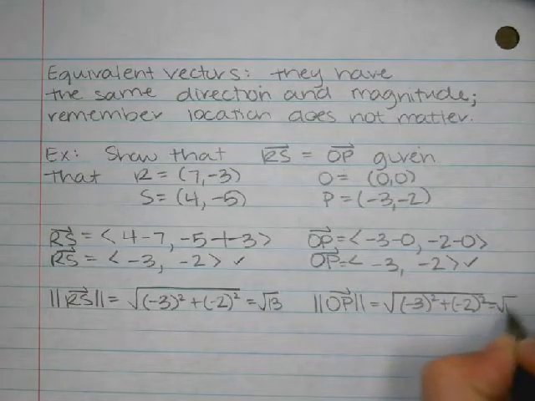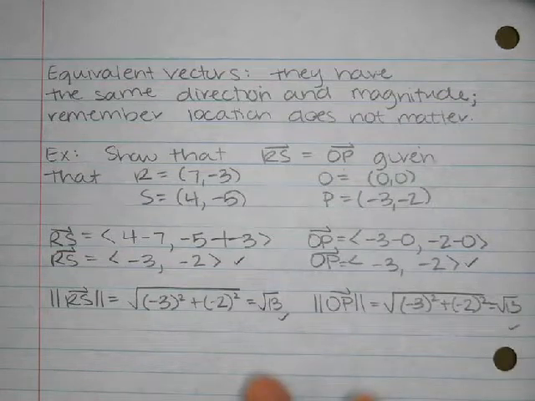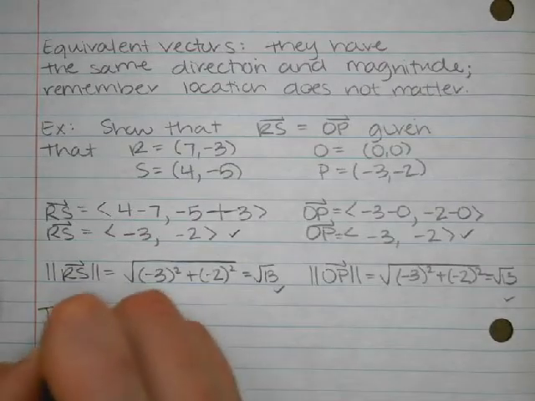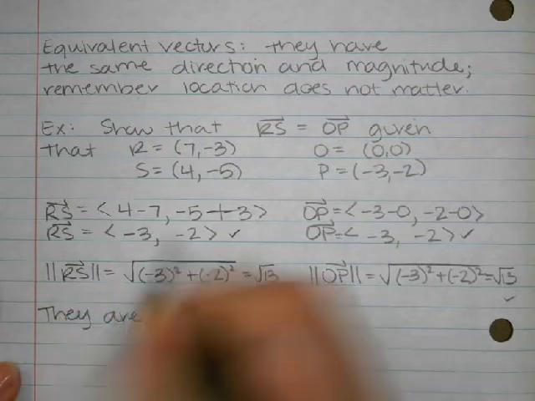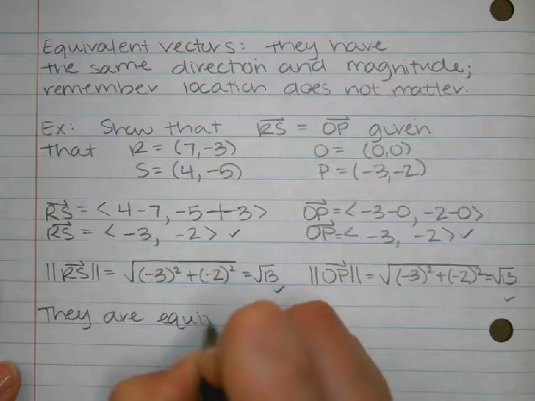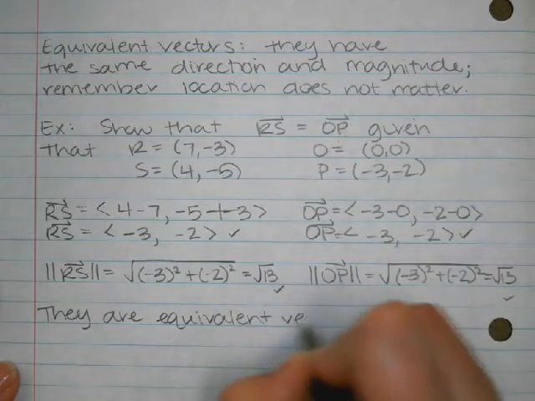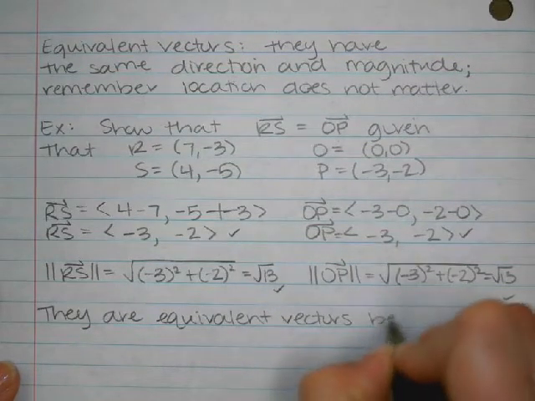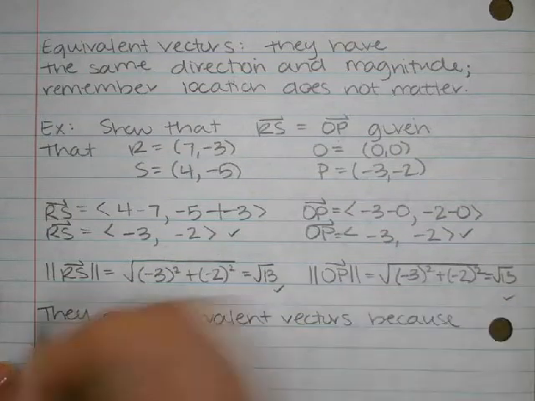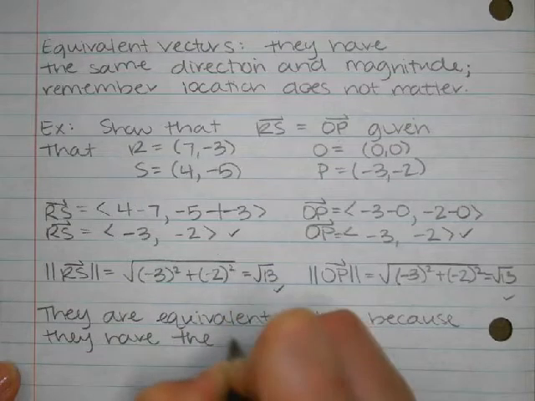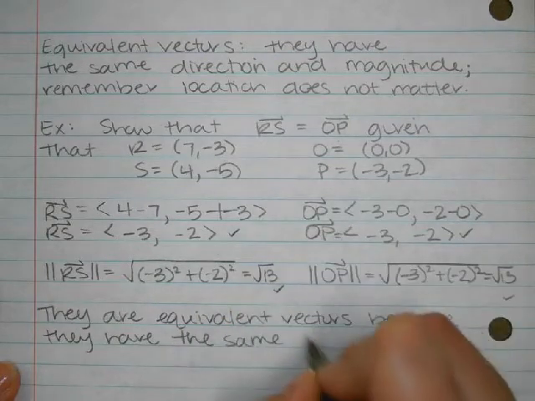And square root of 13, and check, check. So now I can say they are equivalent vectors because they have the same magnitude and direction.